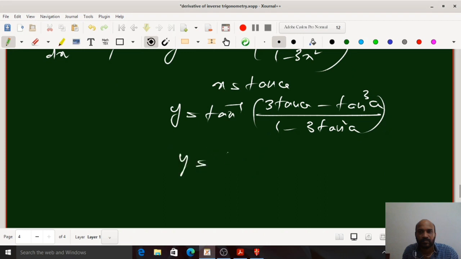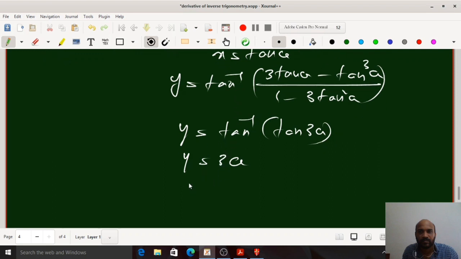So we'll get y equal to tan inverse of tan 3 theta. So tan inverse of tan x equal to x. So y equal to 3 theta. What is the value of theta? Since x equal to tan theta, theta will be tan inverse of x. So y equal to 3 into tan inverse of x.